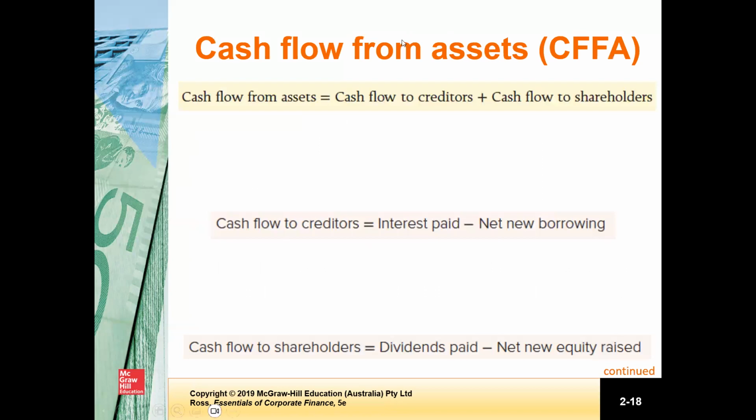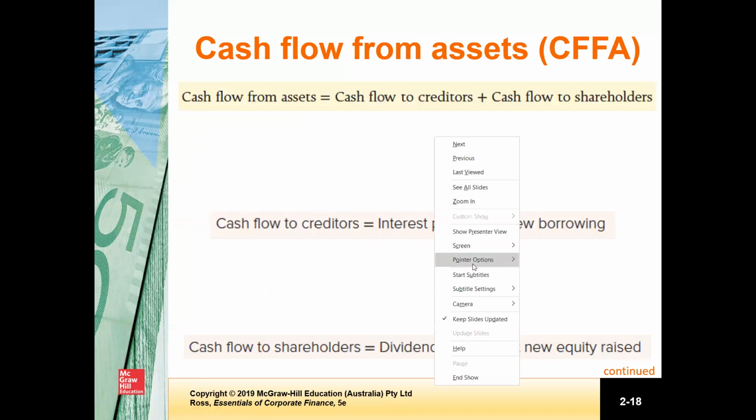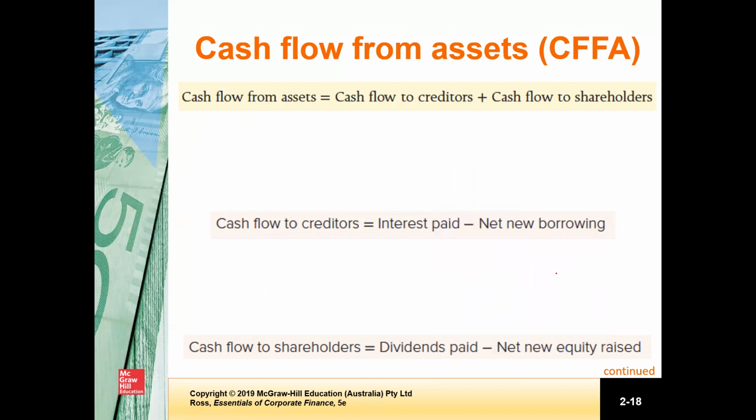So you can see here that the cash flow from the assets must be equal to cash flow to creditors and cash flow to shareholders. And this is called the cash flow identity, which reflects the fact that a firm generates cash through its different activities.